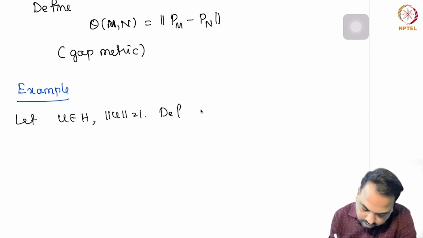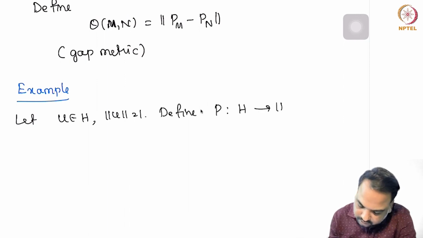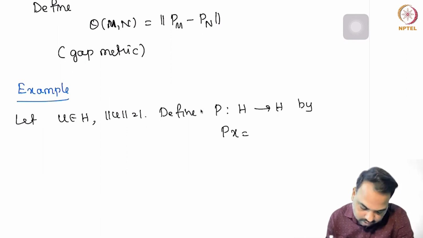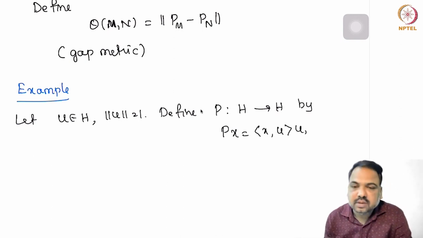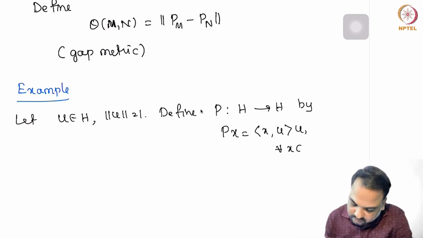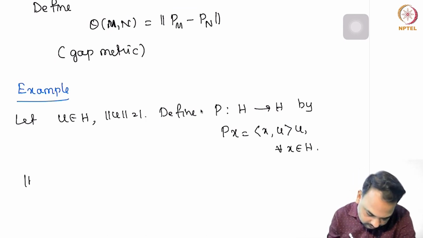Define P from H into H by P of x equals the inner product of x with u, multiplied by u, for every x in H. Then we can easily show that P is an orthogonal projection.